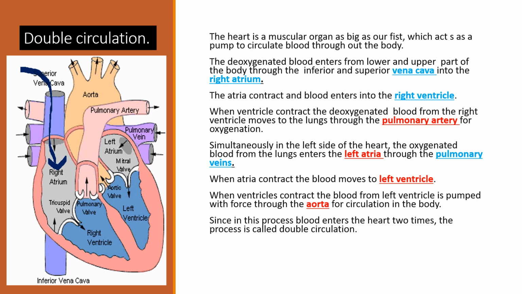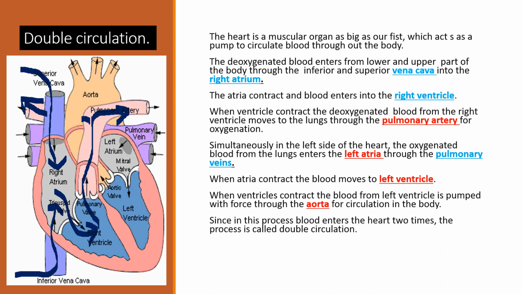The deoxygenated blood from the lower part of the body is carried by the inferior vena cava into the right atrium. This happens simultaneously. On atrial contraction on the right side, the blood moves into the right ventricle. On ventricular contraction, the blood moves into the pulmonary artery to both the lungs on either side for oxygenation.